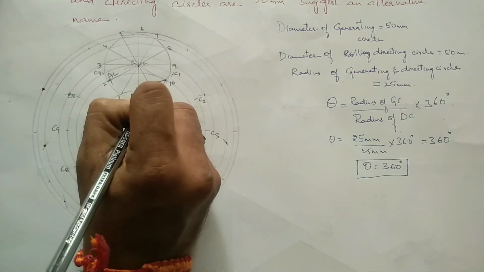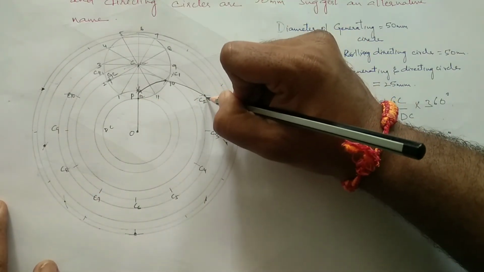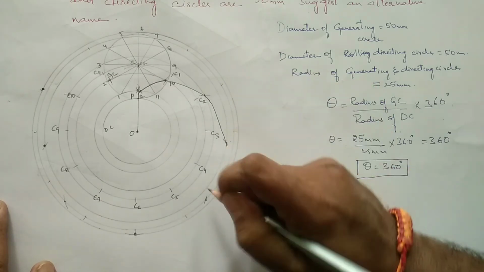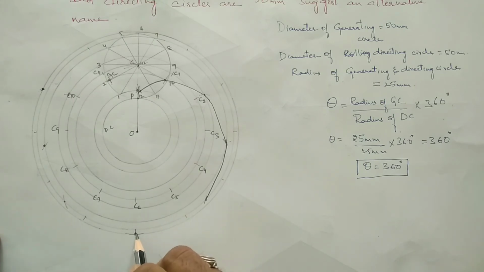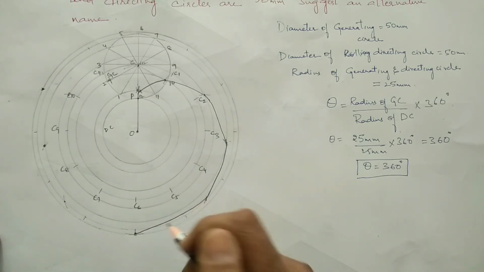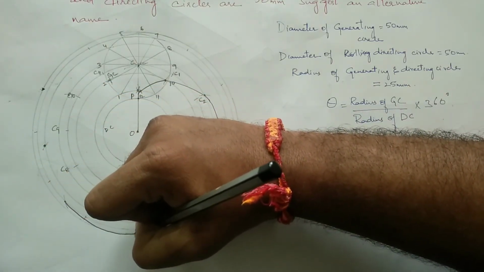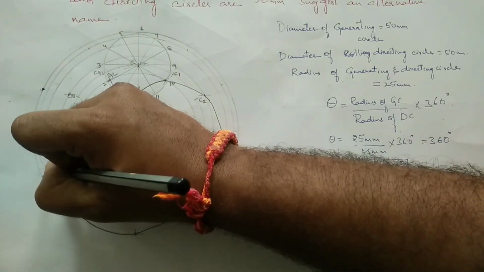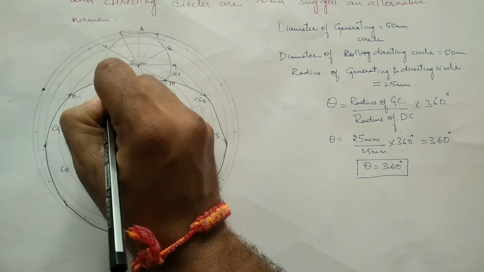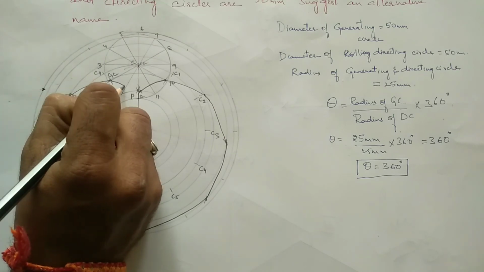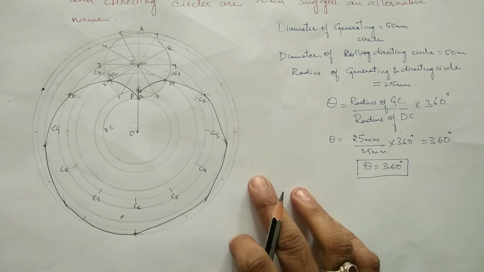Starting from C, join all the curve points C1, C2, C3 and so on. This is how we get the curve for the cardioid.